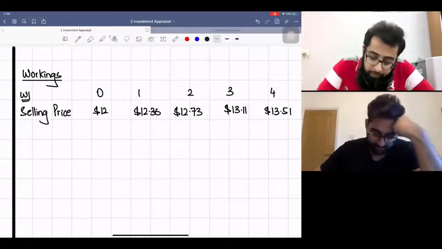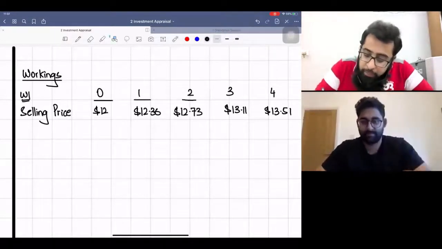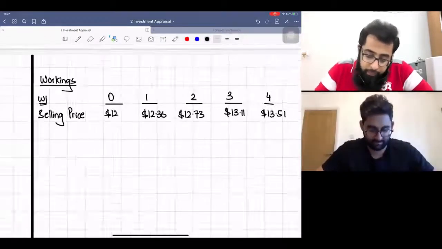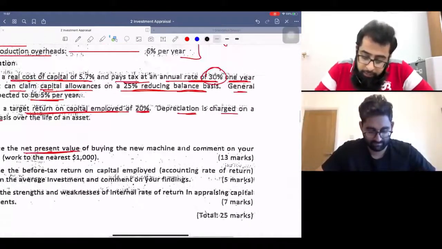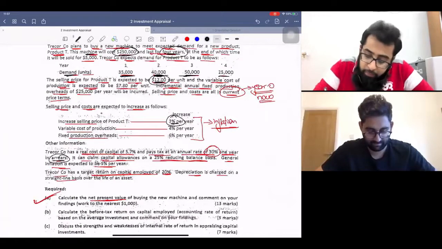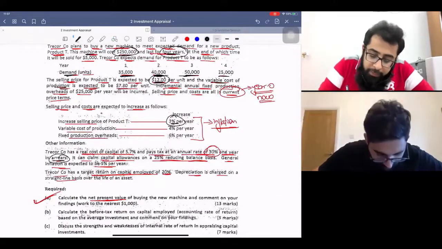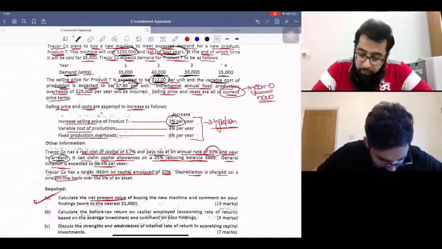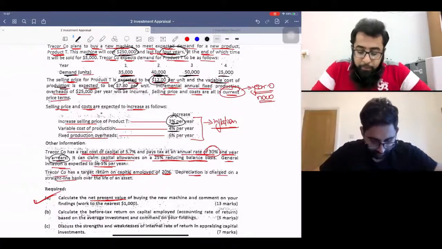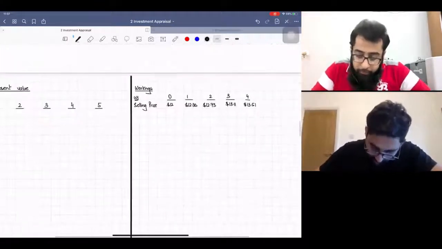Now, if you talk about variable cost, the variable cost of production is expected to be $7.8 per unit and it will increase by 4% per year.